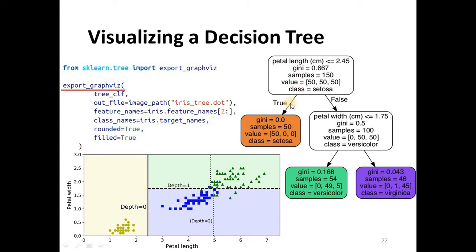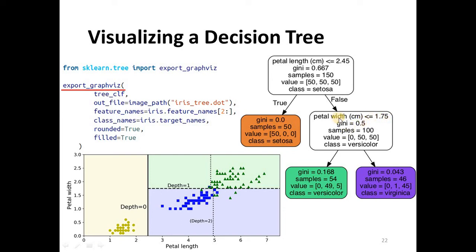Now, the algorithm found that the purity is perfect here, so it can classify all nodes in this region as class setosa. For the false case, it has decided that it's best to take the second feature and the decision threshold at 1.75.